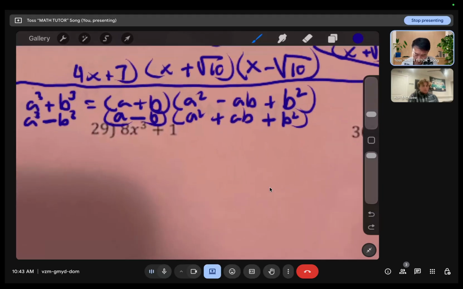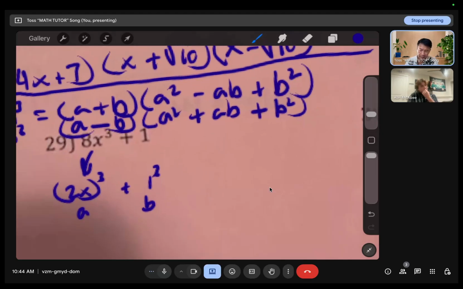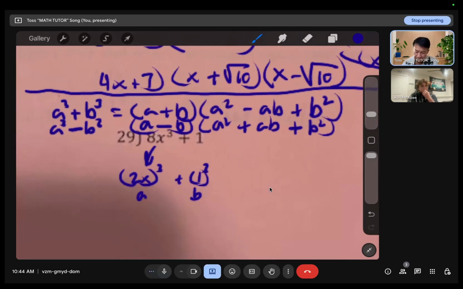So I can get my A by rewriting it as 2x to the third power. That's your A. Your B is just 1. You can parenthesize it to emphasize it, meaning that this is like parenthesis A to the third, parenthesis B to the third. You see that? That's why it works. So your A is literally 2x all the way through.